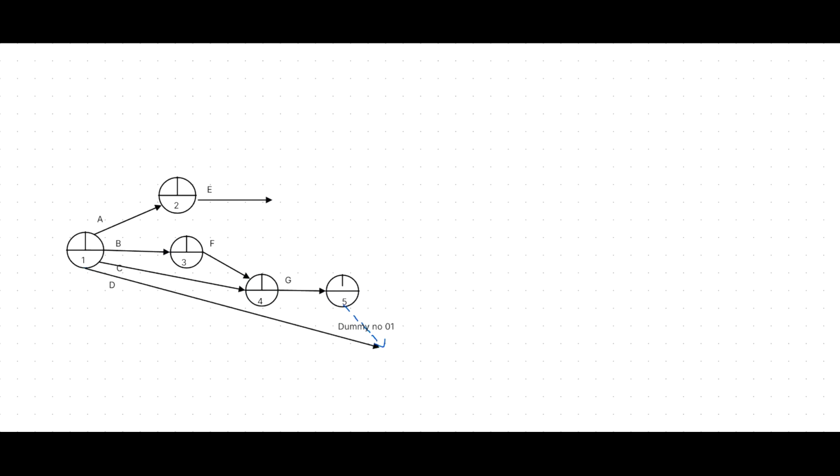Then we can complete after the sixth event. Then we can start H.